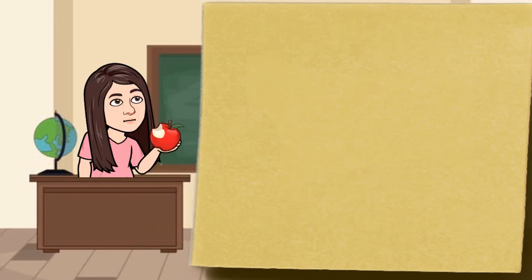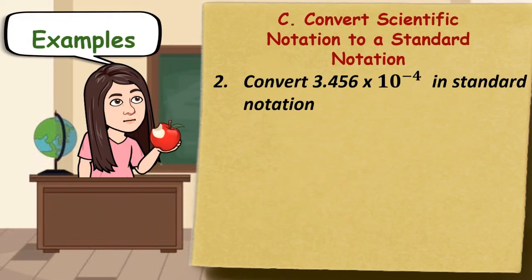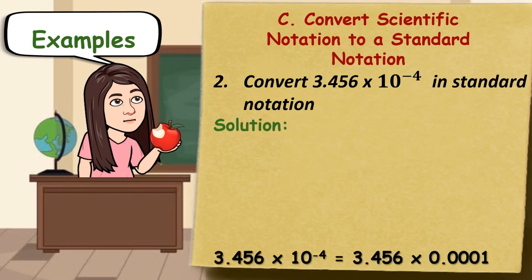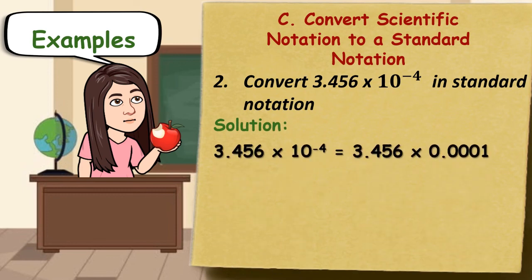Example number 2. Convert 3.456 times 10 raised to negative 4 in standard notation. Here is the solution. 3.456 times 10 raised to negative 4 is the same as 3.456 times 0.0001, which is equal to 0.000346.